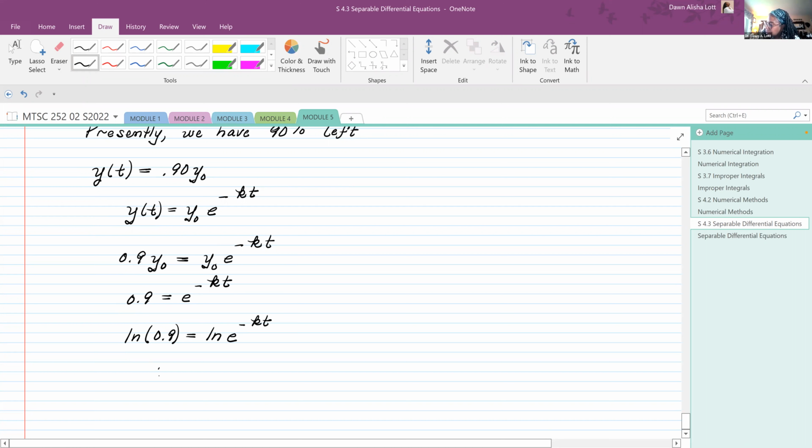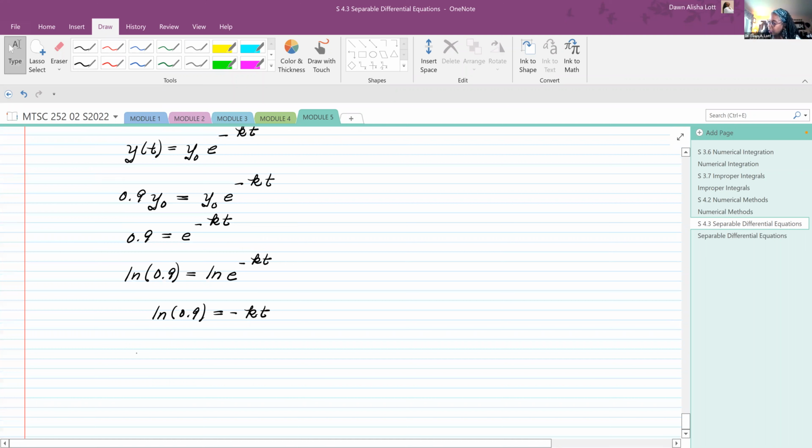So I get the natural log of 0.9 is equal to negative K times T. So our time that it took for the 10% to decay is going to be the natural log of 0.9, and it's negative, divided by K.